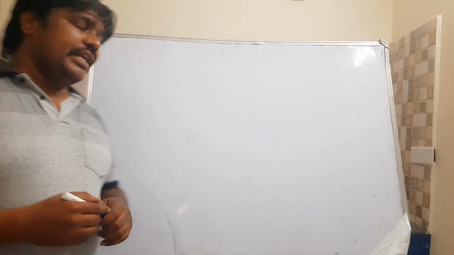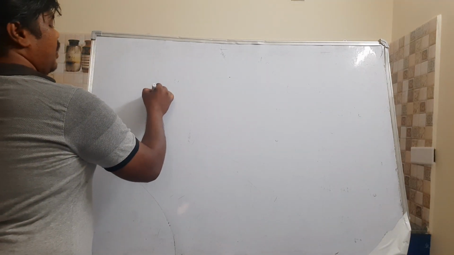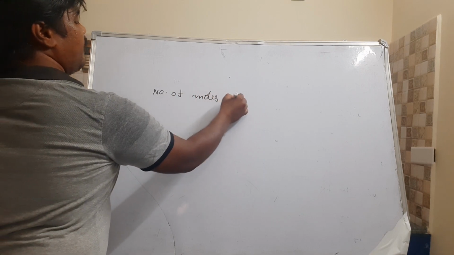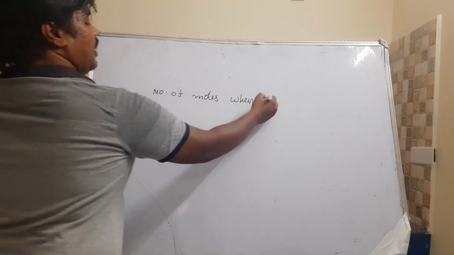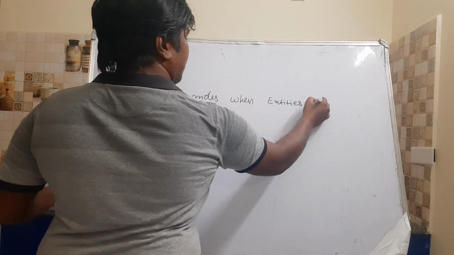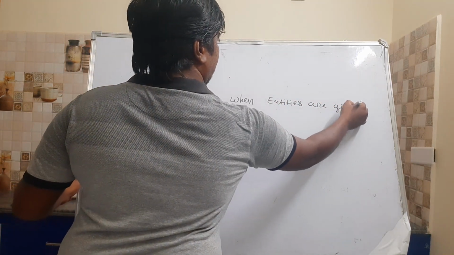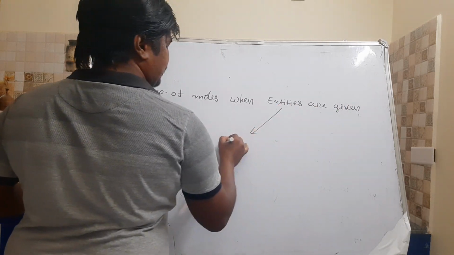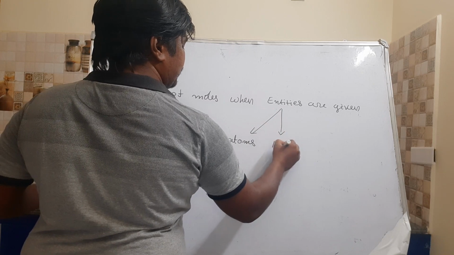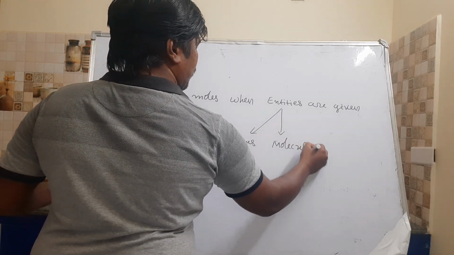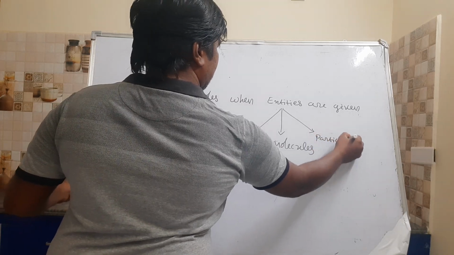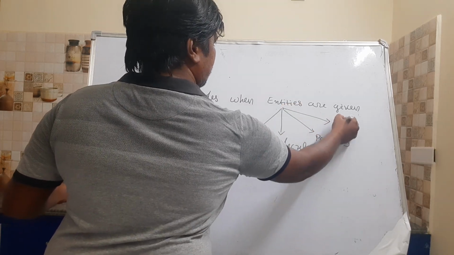Number of moles when entities are given, entities in the sense number of atoms, or number of molecules, or number of particles, number of stones, like that.